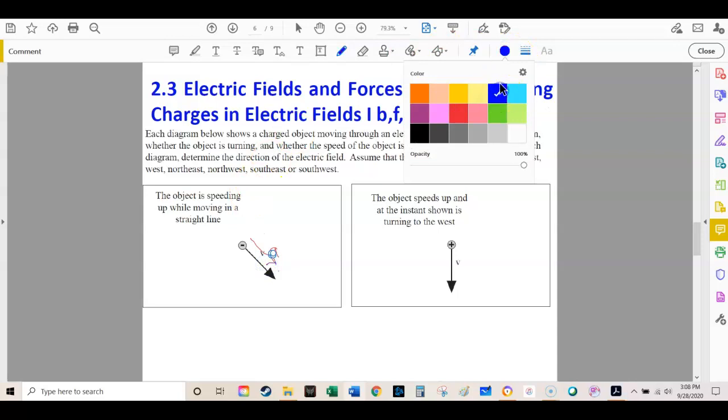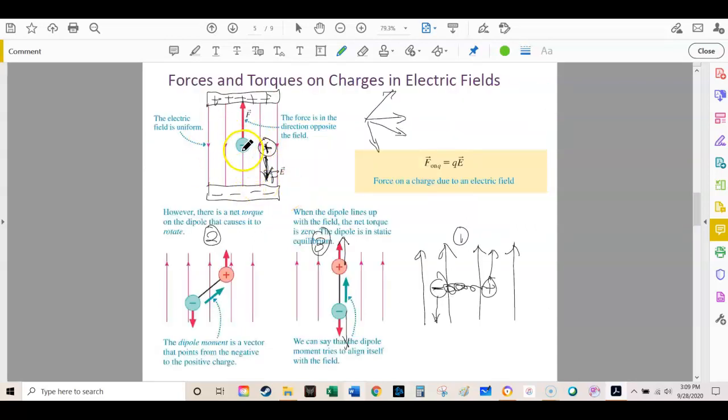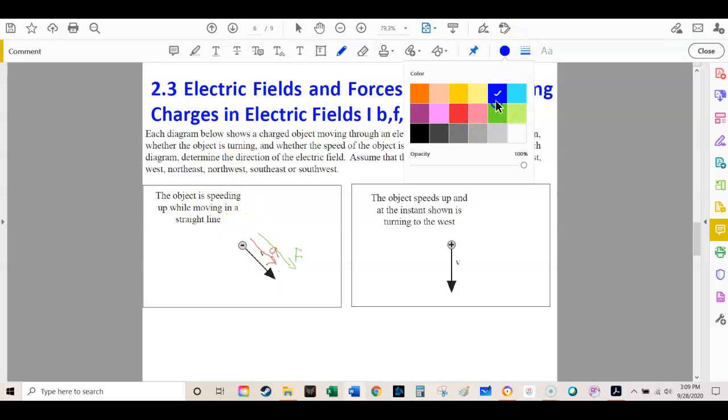Well, what that means is that you'll have a force moving it in the direction of that acceleration vector, correct? And if you have a force moving it in that direction, what we learned last time is that if a force is driving this electron up, that's caused by a downward pointed electric field.